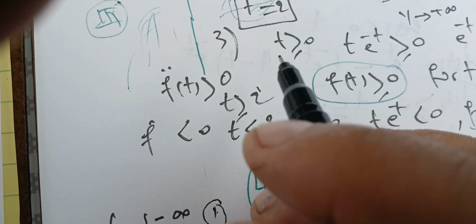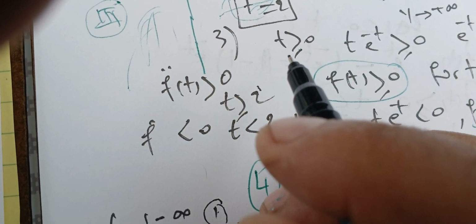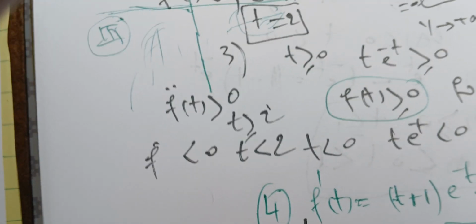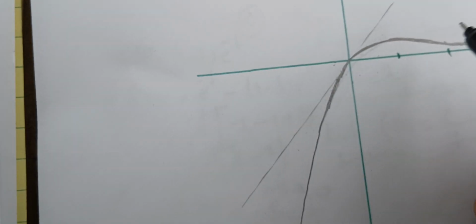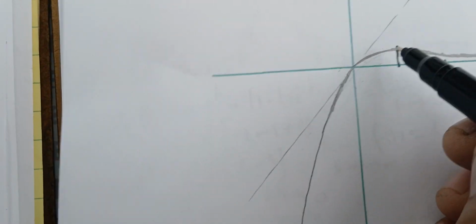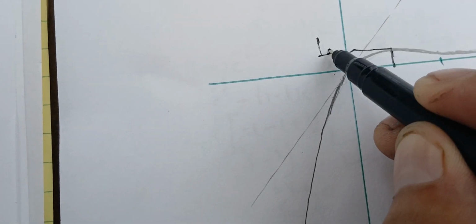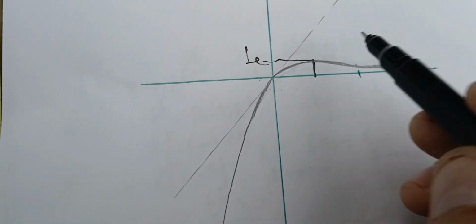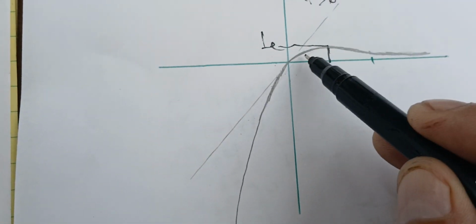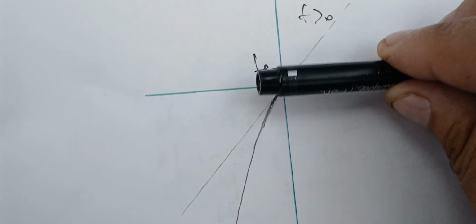Okay? Now I graphed the function here separately, and I was trying to emphasize this. So here at 1, that's 1 over e, and this is the limit. Note that when t is bigger than 0, my function is positive. It's above the x-axis.